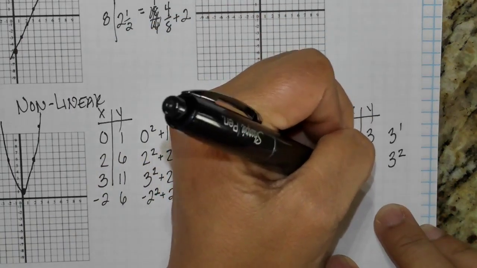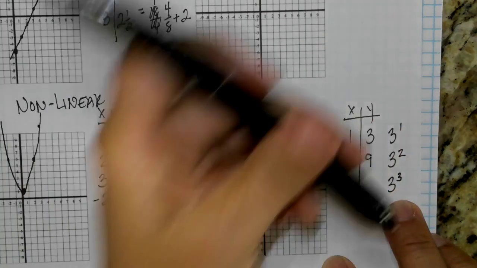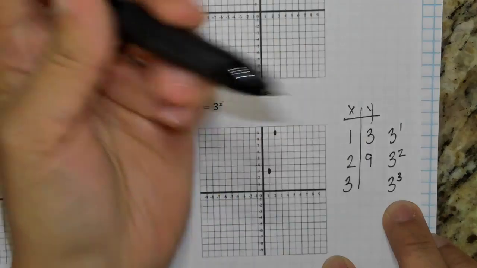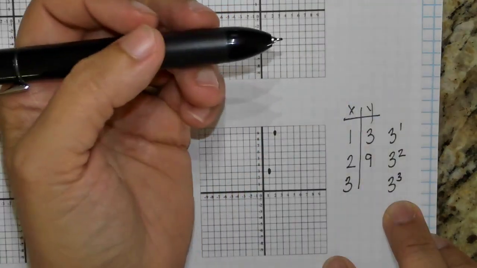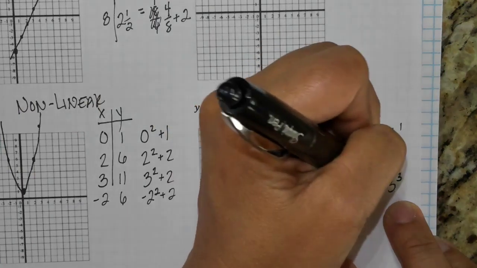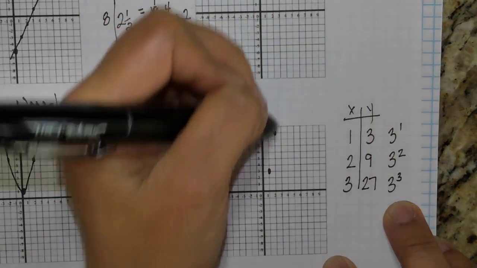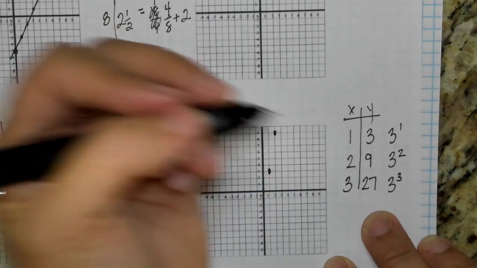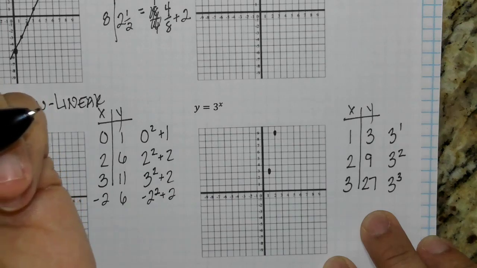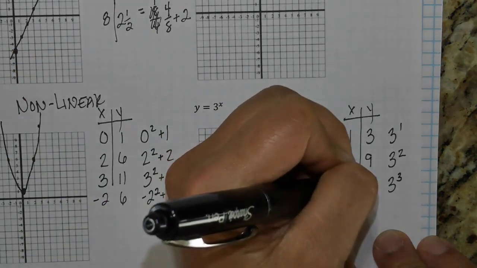And let's look at number 3. So that's 3 cubed. What that means is 3 multiplied by itself 3 times. So 3 times 3 times 3. 3 times 3 is 9, times 3 is 27. And we're going to see that's way up here. And so it's way off. So I'm going to work my way back. And I'm actually going to go to, let's go with negative 1.